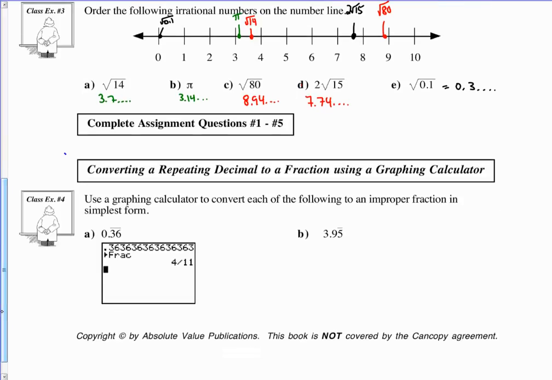I'm going to show you how to convert a repeating decimal to a fraction on your calculator. If you have a scientific calculator, I'm not sure; it's a case-by-case basis.